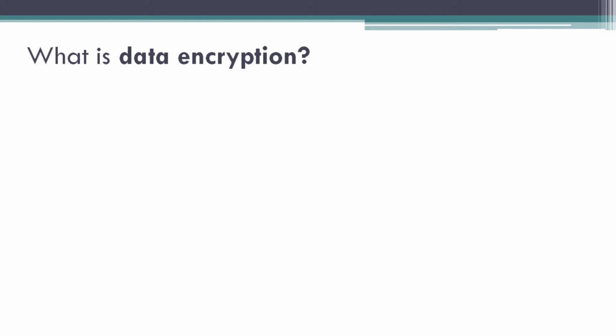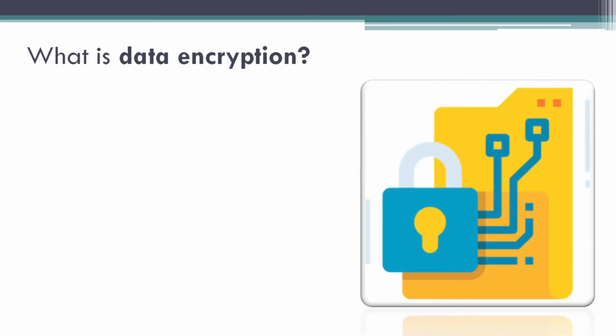In general, what actually is data encryption? This is how we can encrypt our data to make it secure. Data is at the core of business today, and data security is a basic demand of any business. Nowadays for any business, data security is so important.